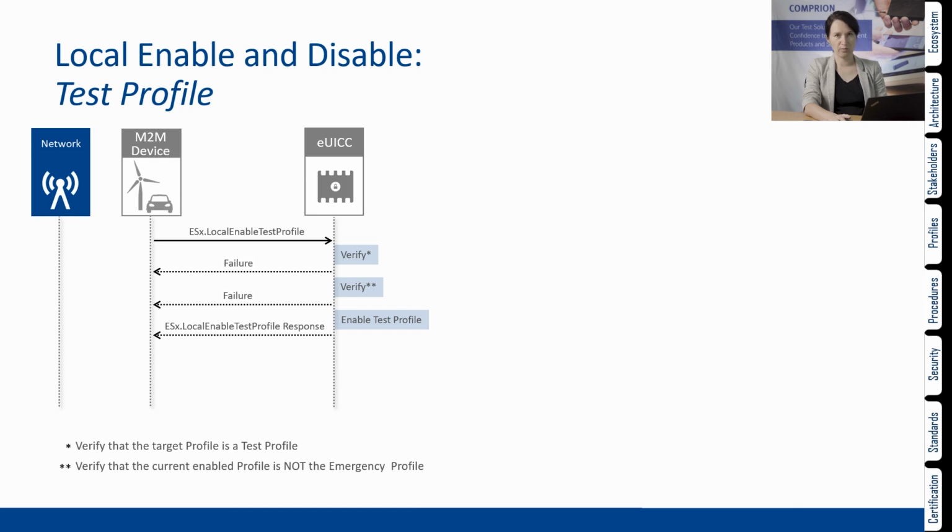So it cannot be the same type, the test and emergency profile at the same time. And the local enable test profile response will be sent to the device. Then it requires a refresh, to reconnect to the network. And the network attachment with the enabled profile will be performed.